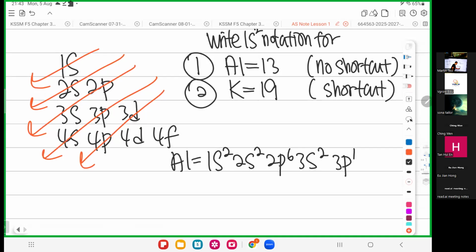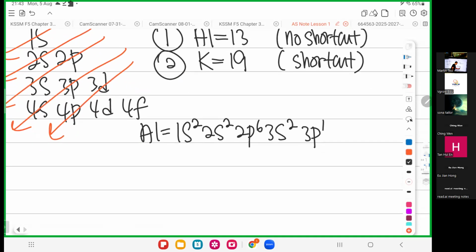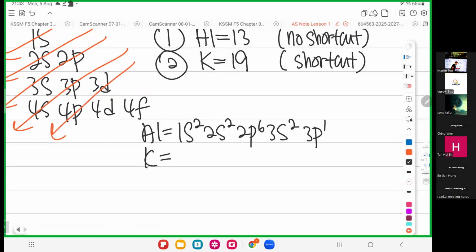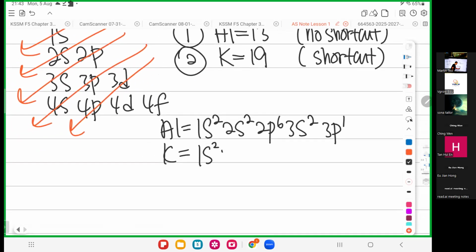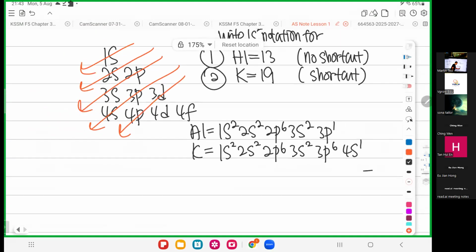Based on the answers I saw in the chat box, it's all good. Next one, potassium. Potassium has 19 electrons: 1s2, 2s2, 2p6, 3s2, 3p6, and 4s1. This is the full arrangement, but I want the shortcut.